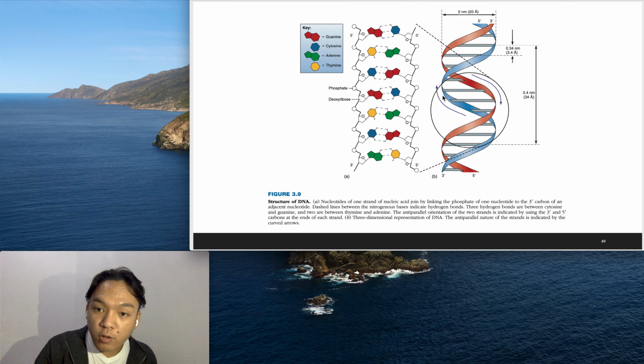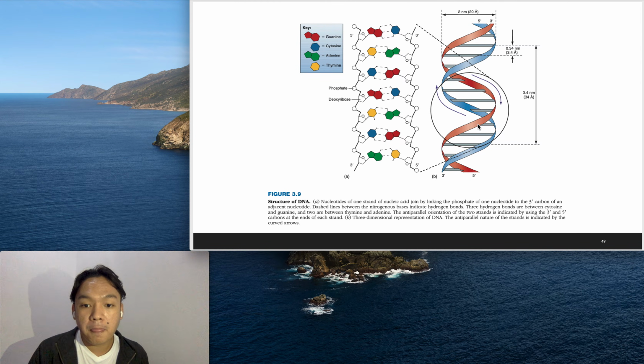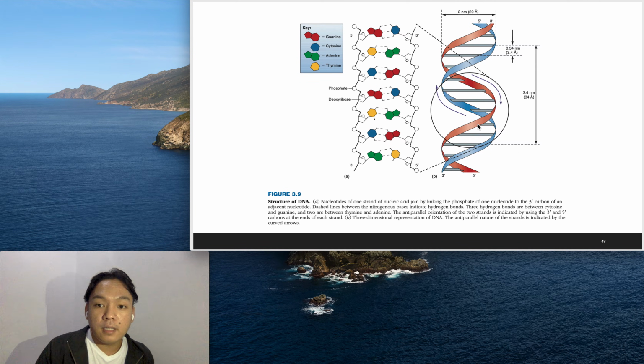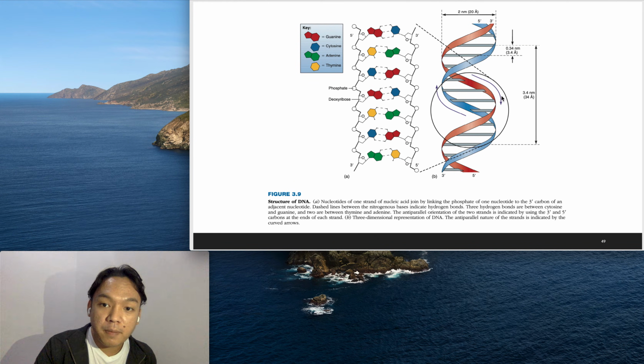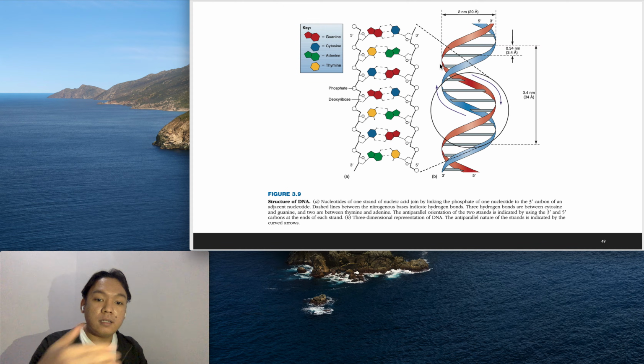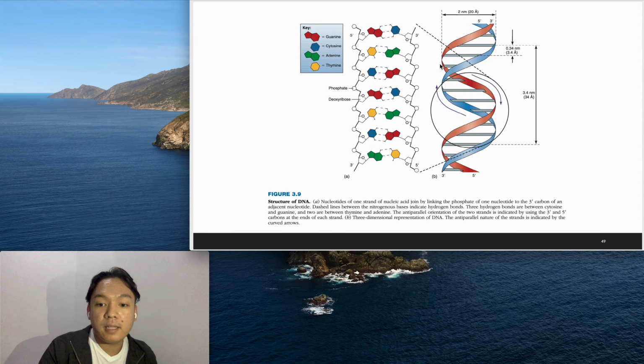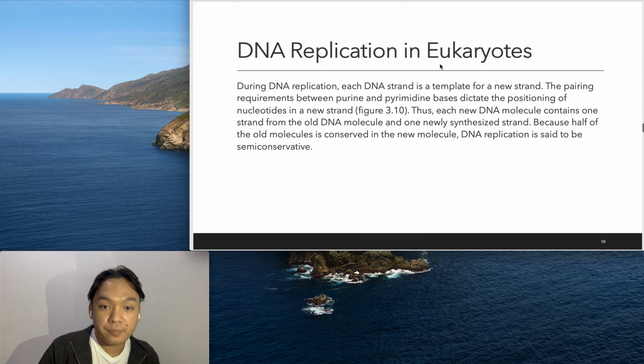So it forms this double helix structure. The curved arrows here are the three-dimensional representation of your DNA. The curved arrows represent the spiral, antiparallel nature.